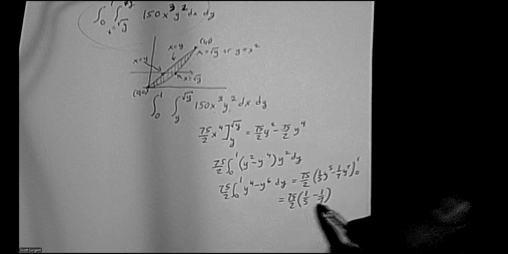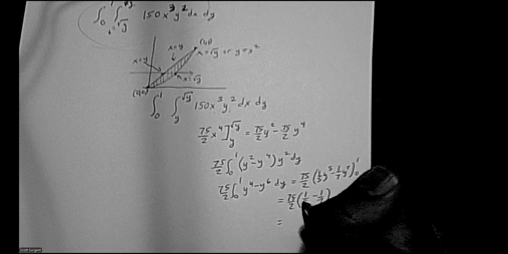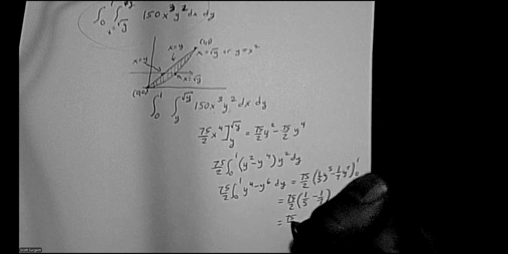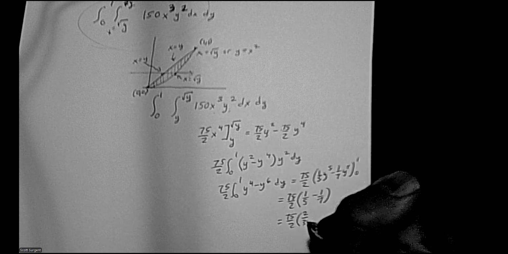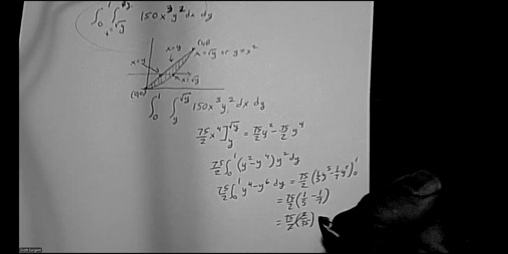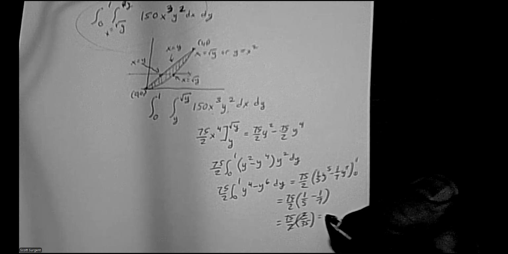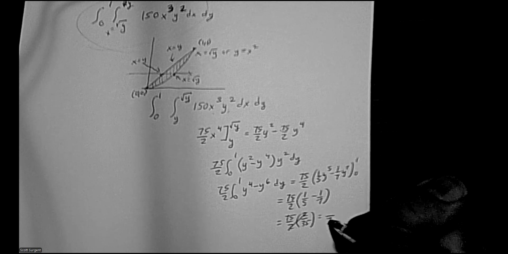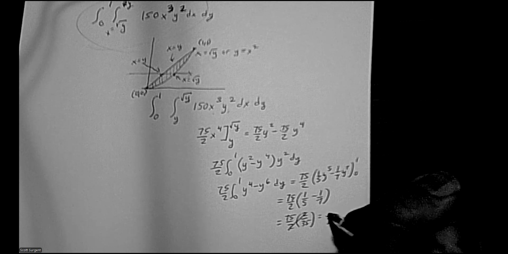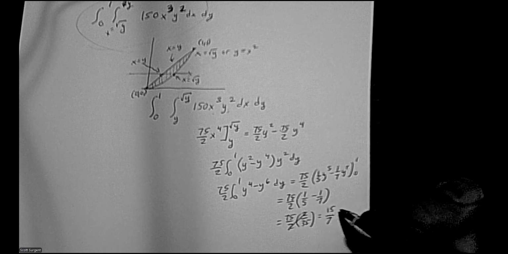And what do you get there? You get 2 over 35, so 75 over 2 times 2 over 35. These cancel. 75 over 35, divided by 5, you get 7 and 15. So you should get 15 over 7, I hope.